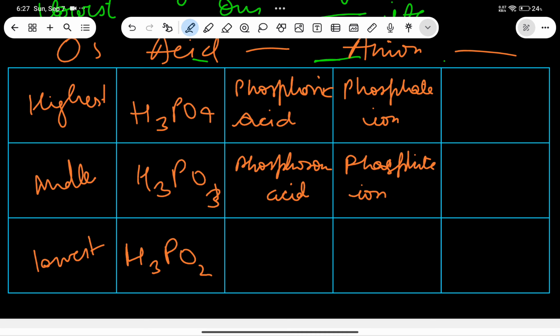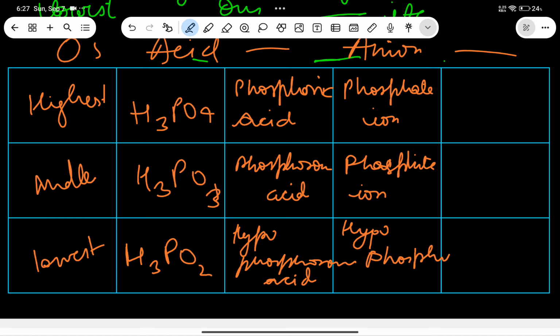Similarly, this would be hypophosphorous acid, and the anion would be hypophosphite, because "ous" is there, so it would be phosphite only, right? Ion. Alright, and the last column we will fill is the most important thing.